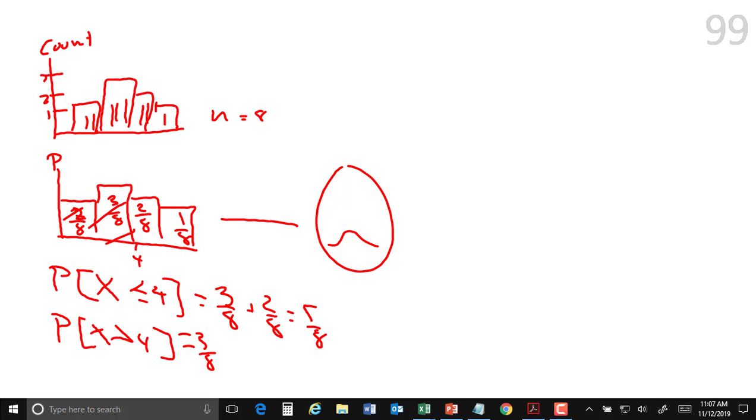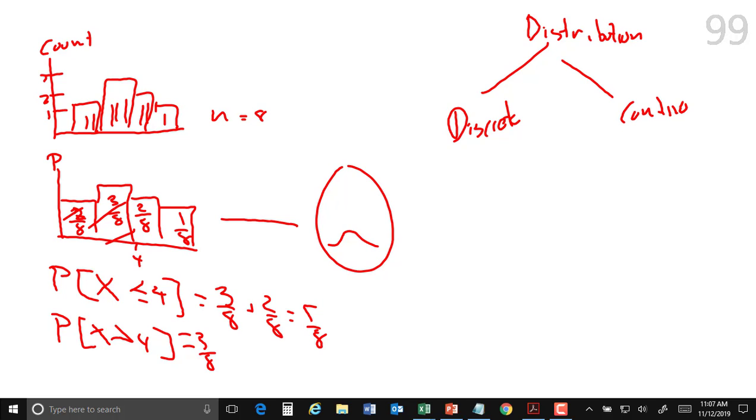So if you've got that in mind, now we come over to the distributions, and we have this thing called discrete, and then we have continuous. In discrete, one of them was a uniform distribution. Remember, the random variable could take on a value of 1, 2, 3, 4, 5, and 6.